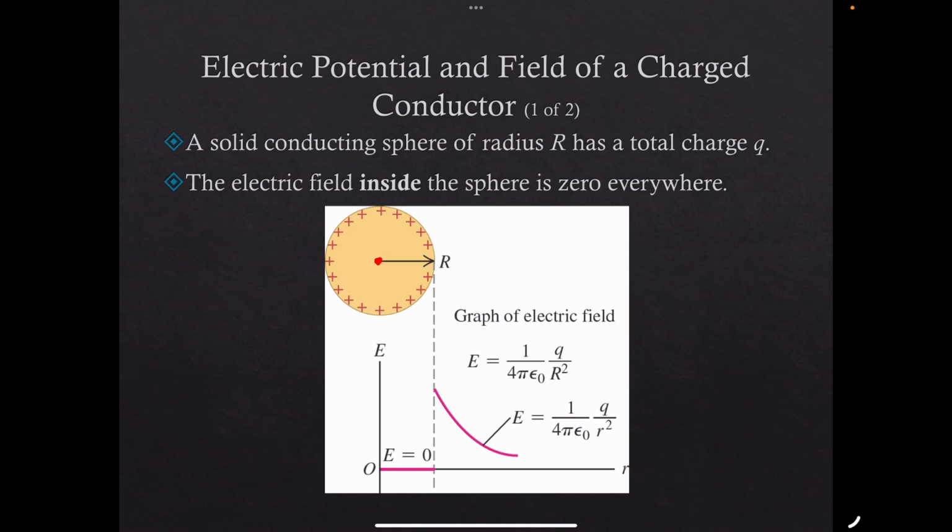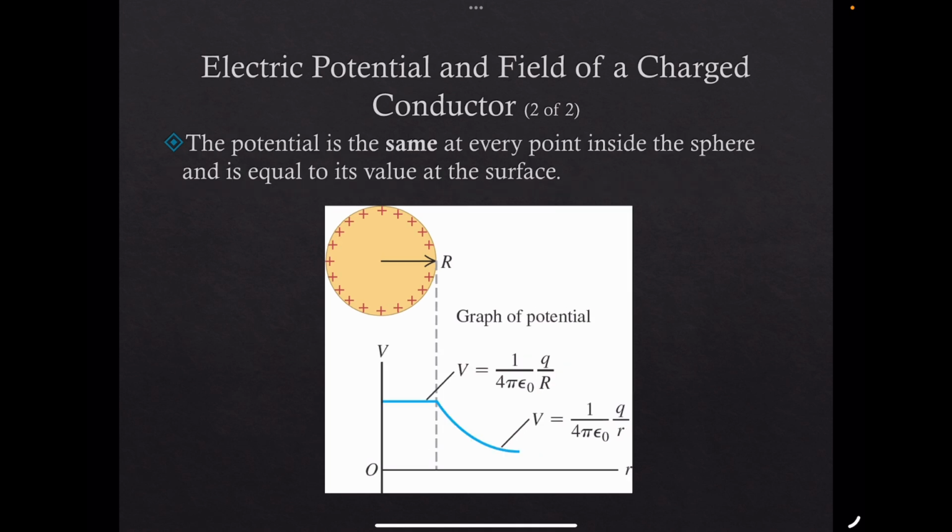Well, what about the potential, okay? It's a little bit counterintuitive. You may want to say that the potential is 0 inside the sphere as well, since the electric field is 0. But in fact, the potential inside this conducting sphere is a constant value of 1/4 pi epsilon naught q over r, okay?